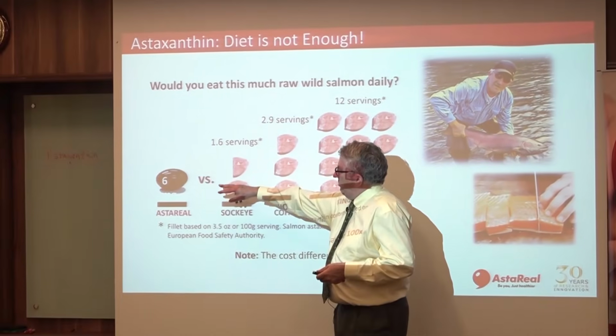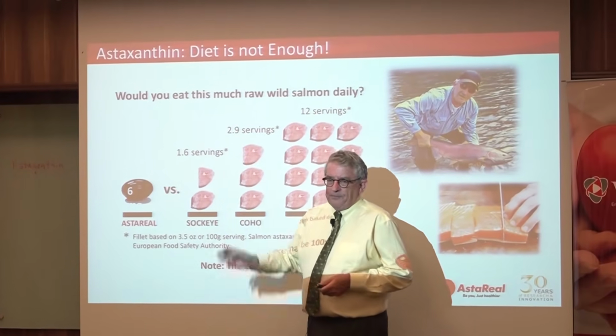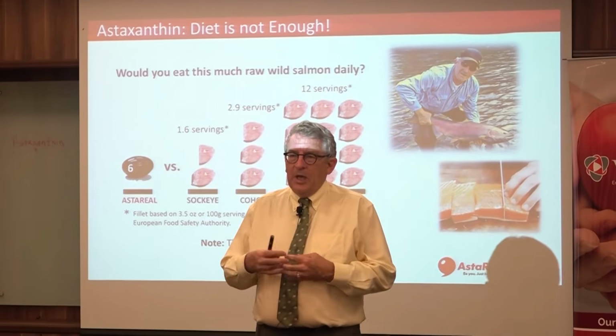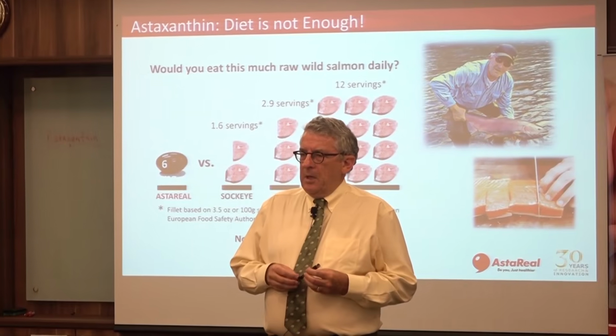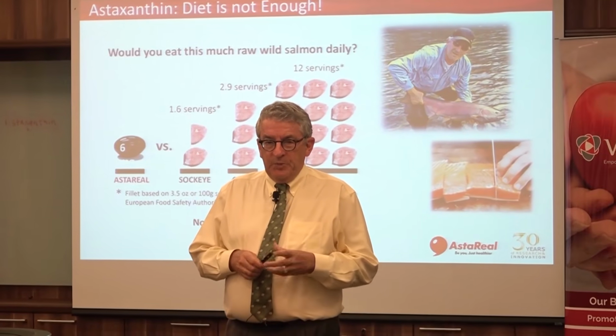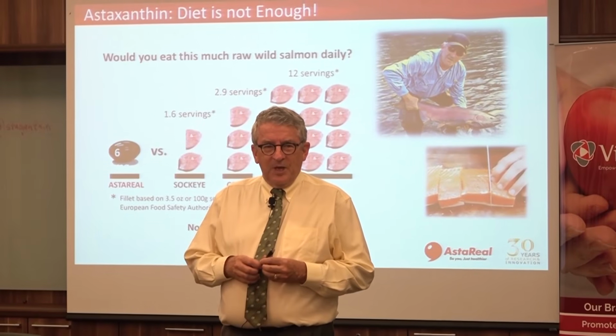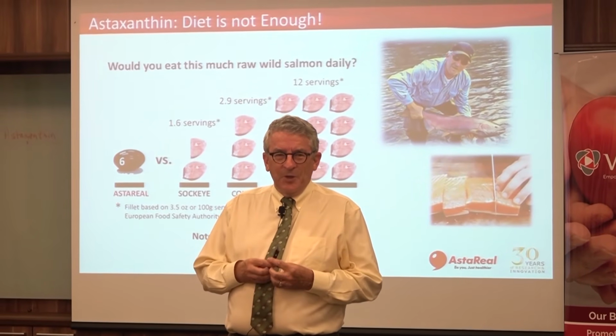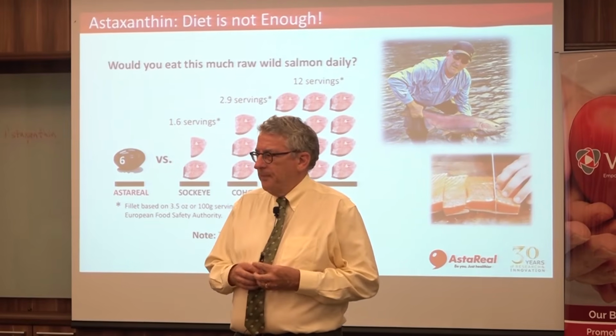But if you were to do 12 milligrams, even with sockeye, you're still having to eat 3 servings of salmon every day. Diet is not enough. It's a bit different if you're a seagull or something like that, where you're eating fish. That's the reason why seagulls' eyes are red. You know, they're getting it. Next slide.